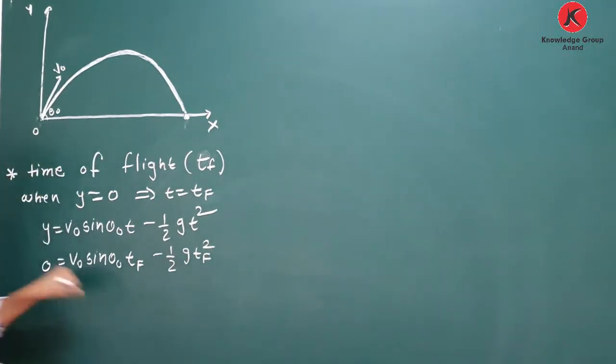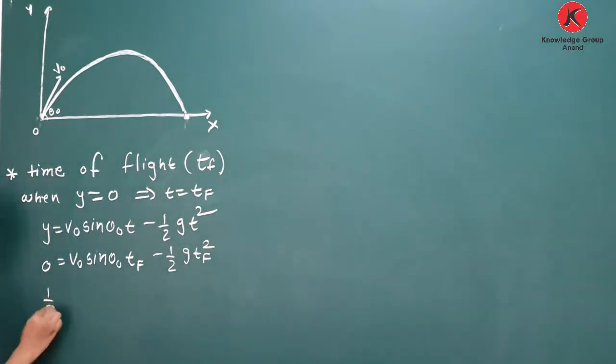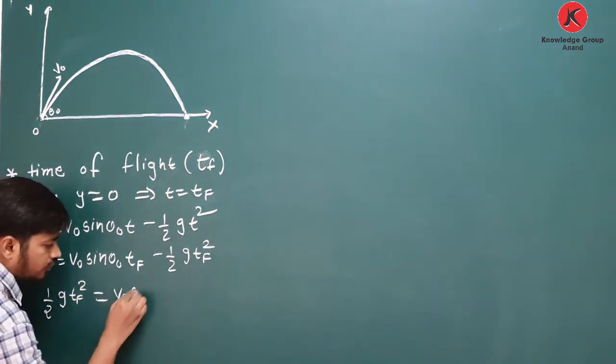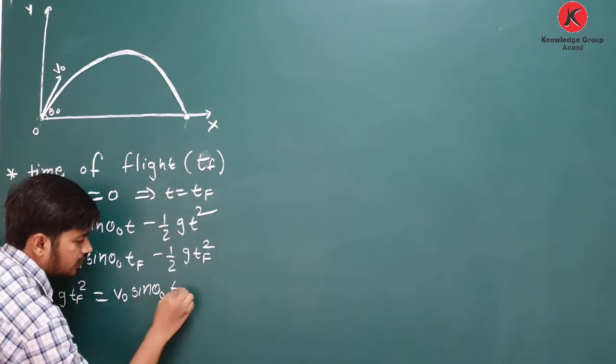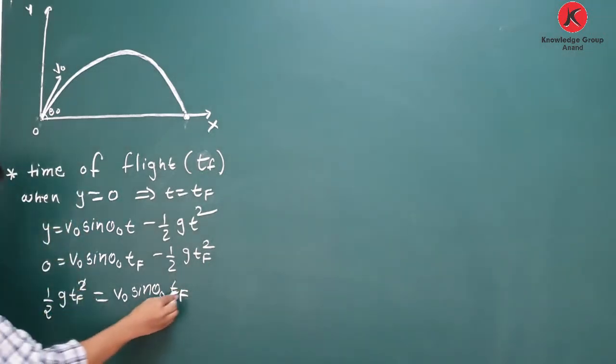If you bring this half g tf square to this side, then half g tf square is equal to v0 sine theta 0 tf. One tf cancels.